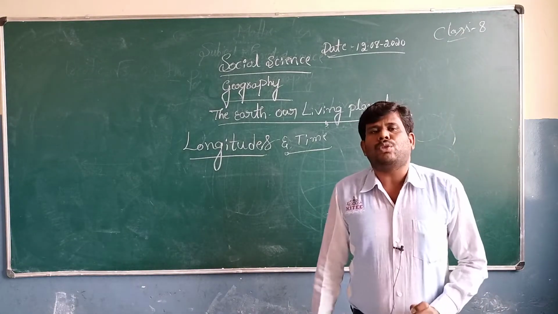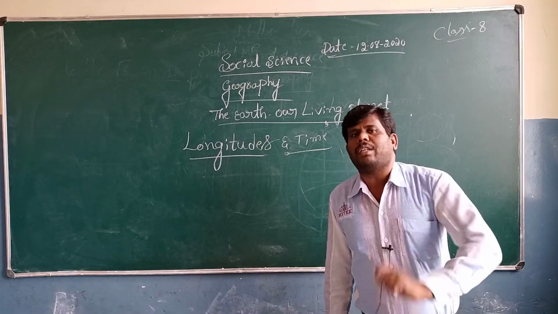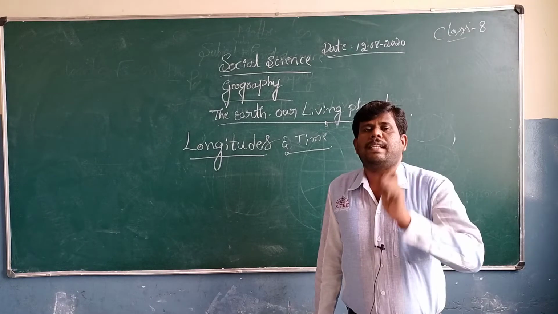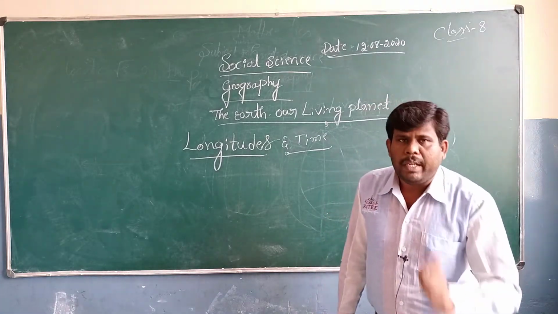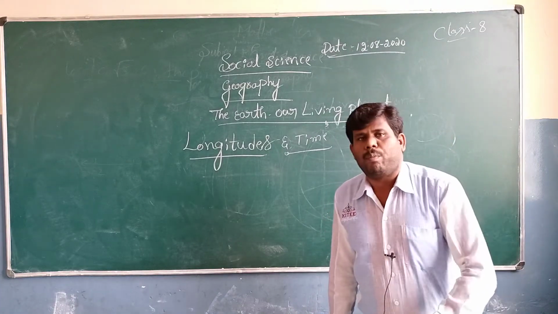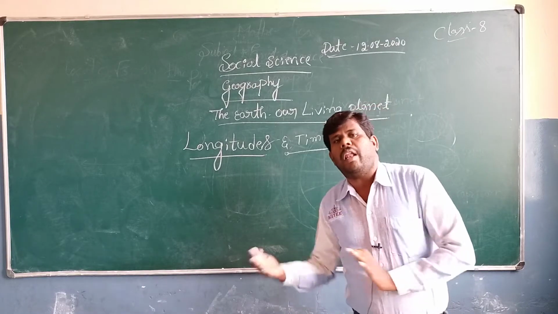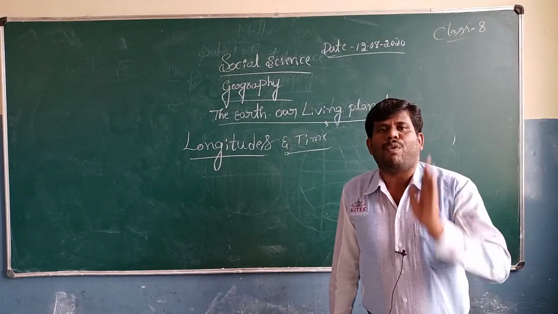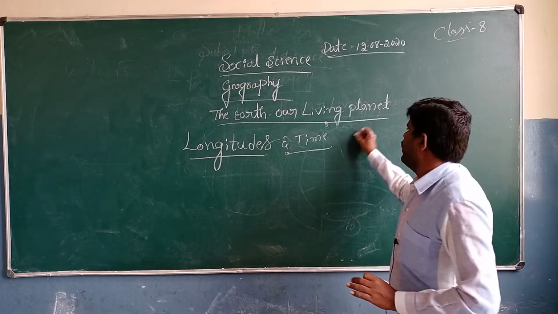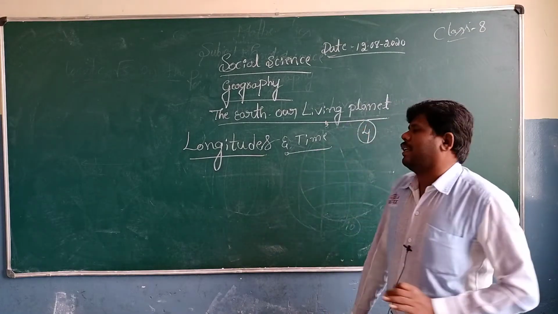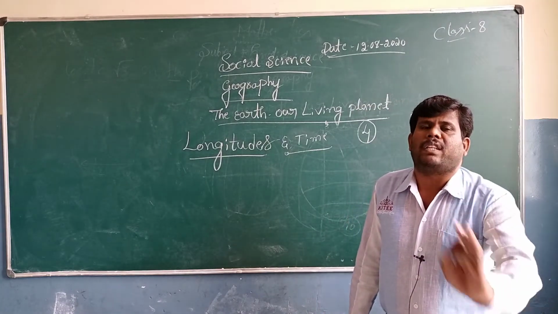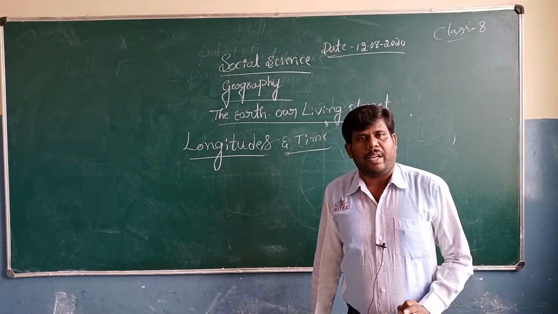So, from one longitude to another longitude, the Sun takes 4 minutes. Right?